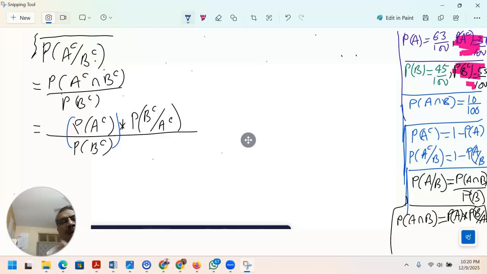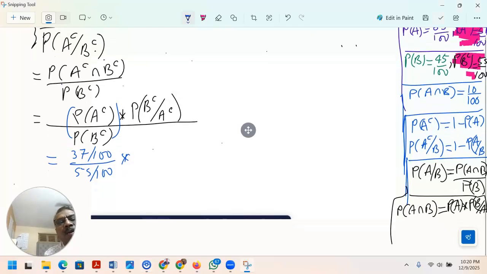So on the left side, this piece is a ratio of 37 out of 100, and the down one is 55 out of 100. Then multiply by this piece.